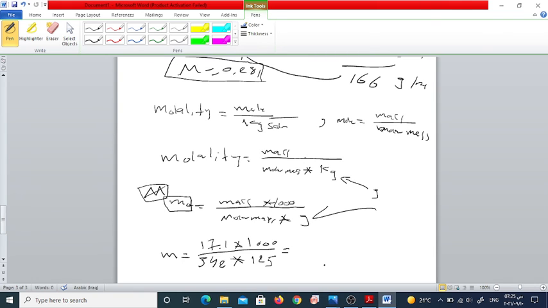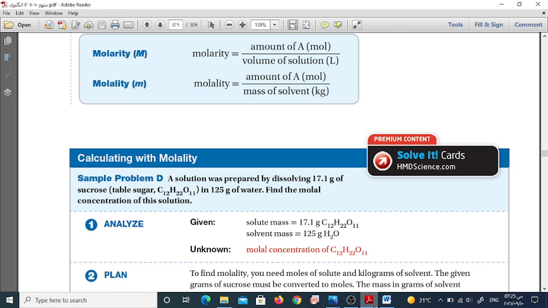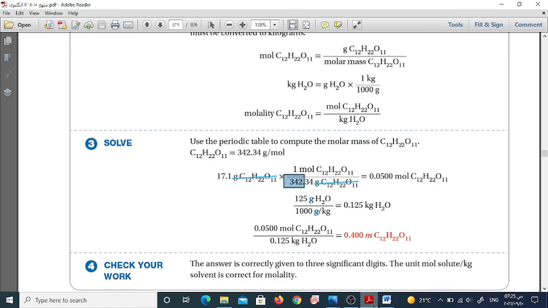Then I get 17.1 times 1000 divided by 342 divided by 125. Yes, I get 0.4 molal. From this example, the answer is 0.4 molal. Yes, here you are. 0.4 molal. Here is the answer.